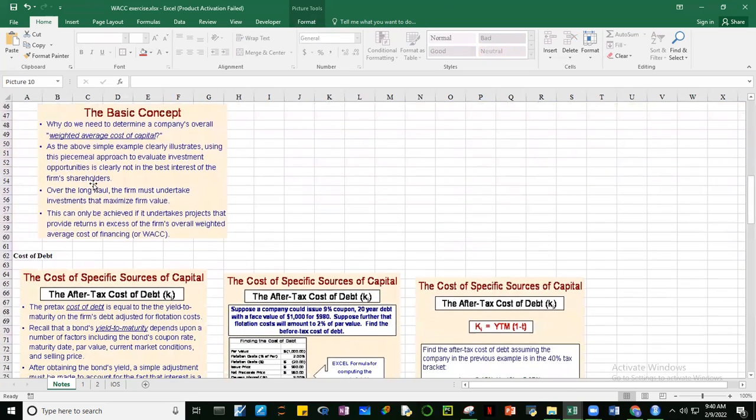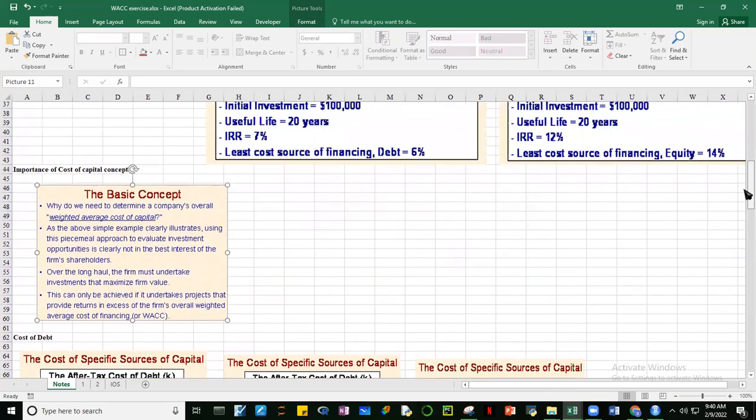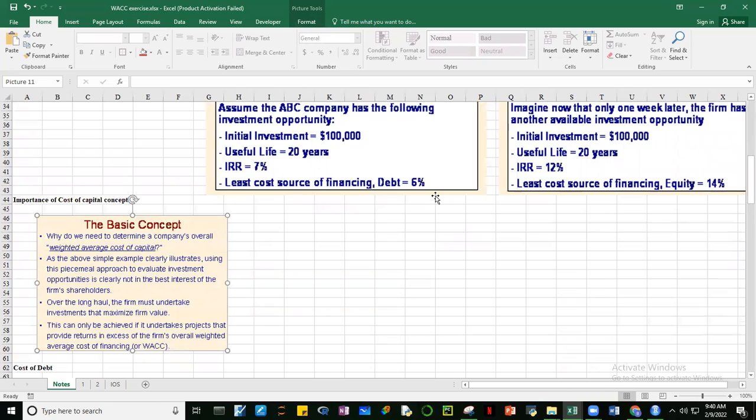Okay, so I'll leave you guys to read the other portions here, but suffice it to say that as the above example clearly illustrates, using the piecemeal approach. When you say piecemeal approach, guys, ito cost of debt lang ginamit. Ito cost of equity lang. So ang tawag dyan, piecemeal approach, which is wrong. Dapat tinitingnan yung overall cost of capital of the company.